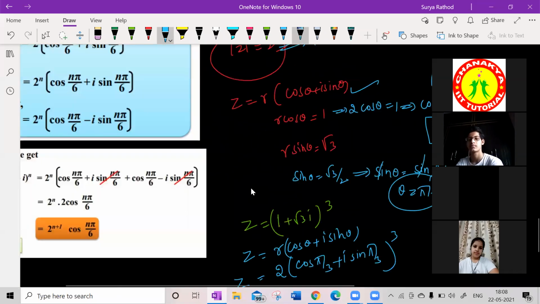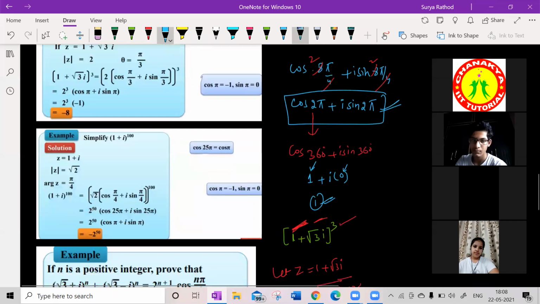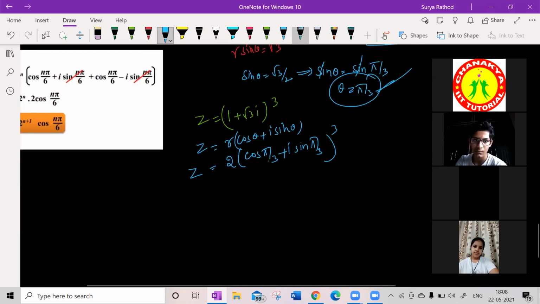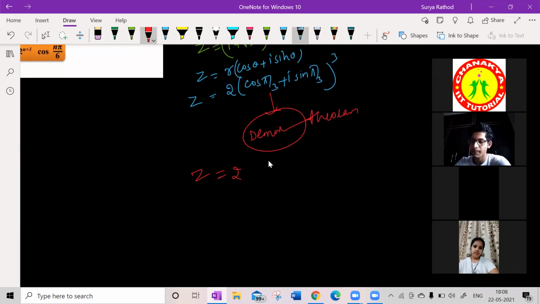Now tell me whether this looks like the form of De Moivre's theorem or not. Yes, sir. So z is 2 as it is, and then cos 3 pi by 3 plus i sin 3 pi by 3.